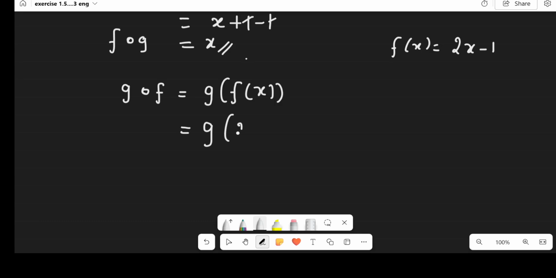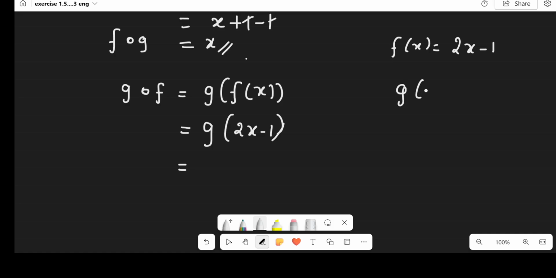So I'm writing 2x minus 1. And then what should be the next step? Here g is given, right? So in the g of x formula only we should apply this 2x minus 1 in place of x, right?